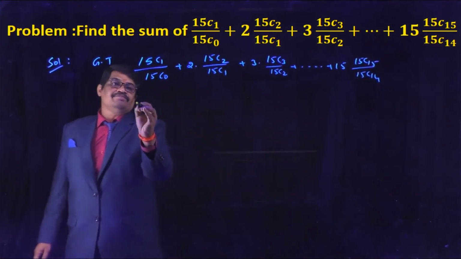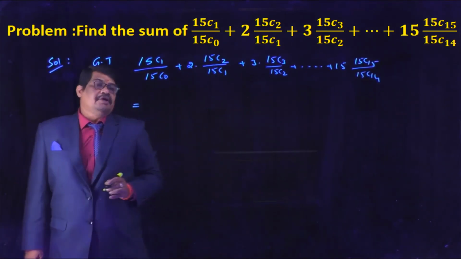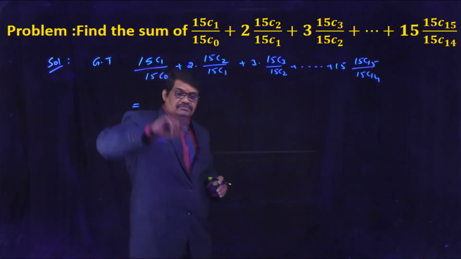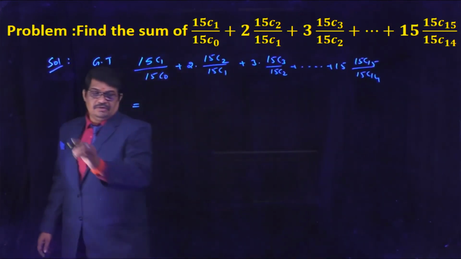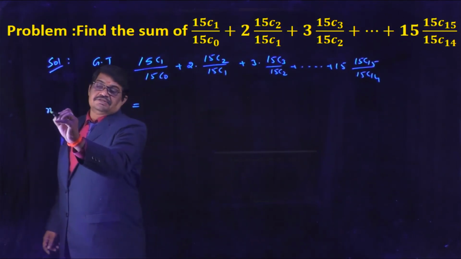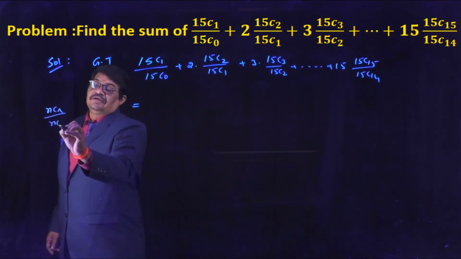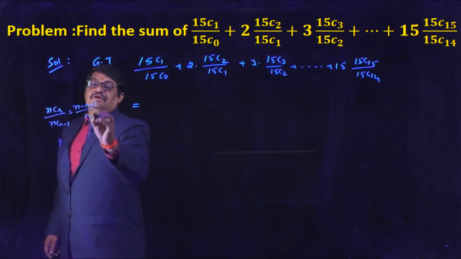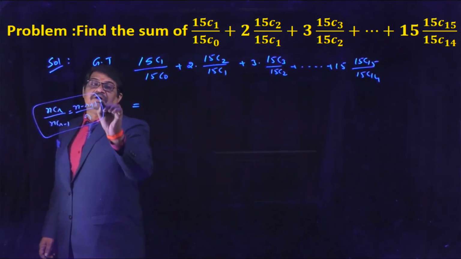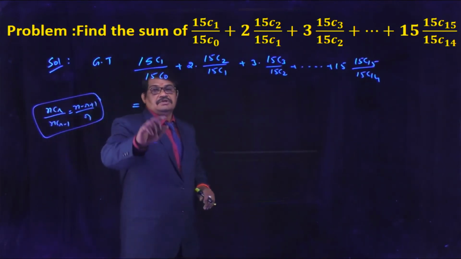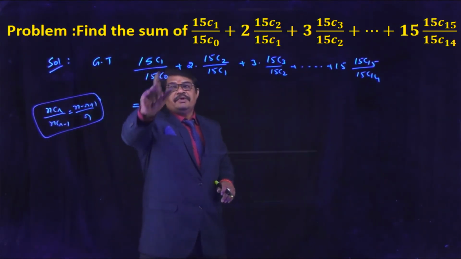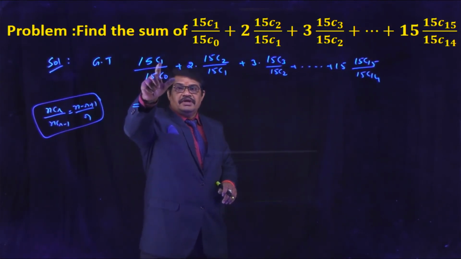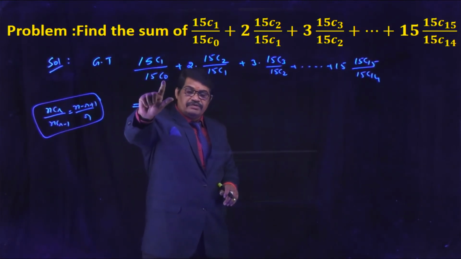Now we are writing this as nCr by nCr minus 1. This is the formula we already discussed: nCr by nCr minus 1 is equal to n minus r plus 1 by r. Using this formula, these terms are in this form, 15C1 by 15C0. Here n is 15, r is 1 and r minus 1 is 0.